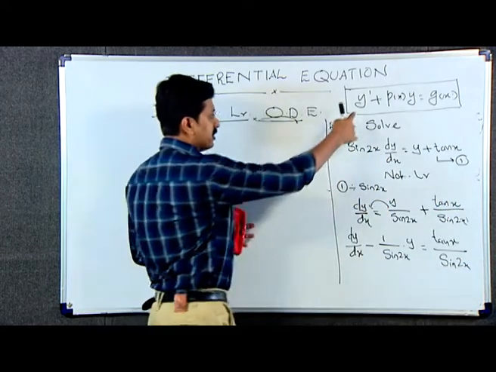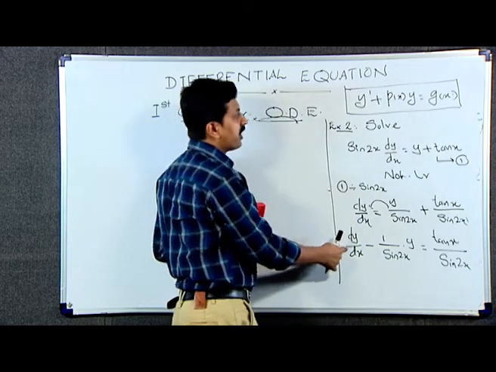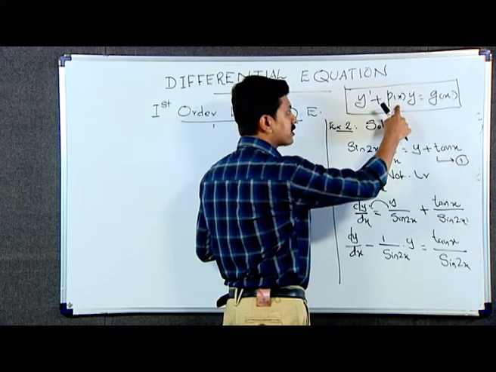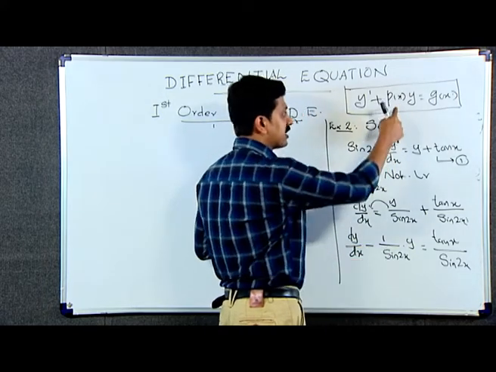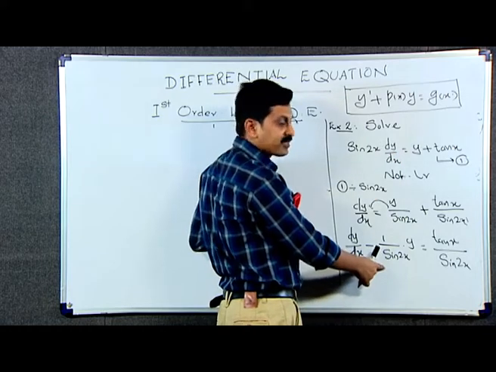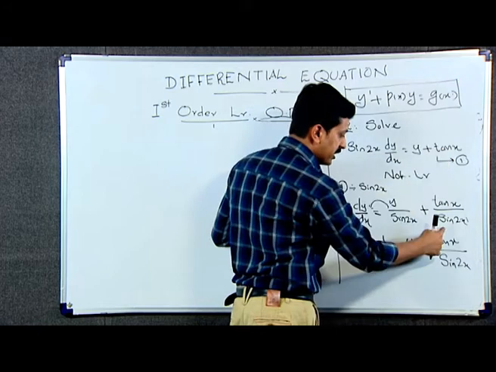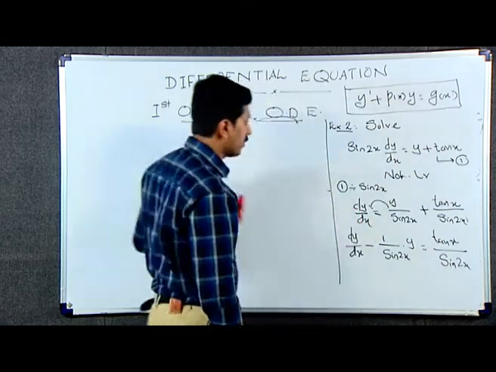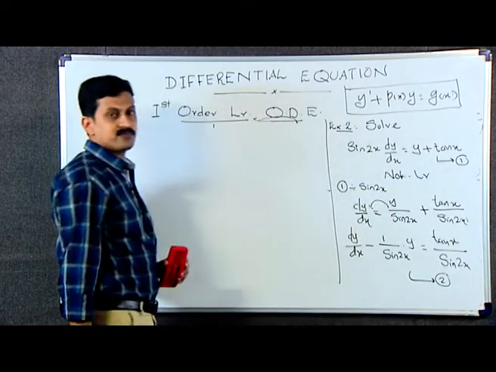See, compare these two. Dy by dx is here, y dash is here, and there is a term of y and the function in x is there, minus 1 by sin 2x is that function. This is actually the p of x. And g of x is a function in x, tan x by sin 2x is g of x. I am putting this as equation number 2.